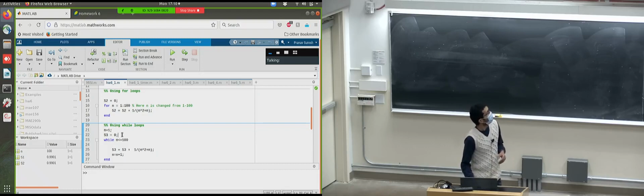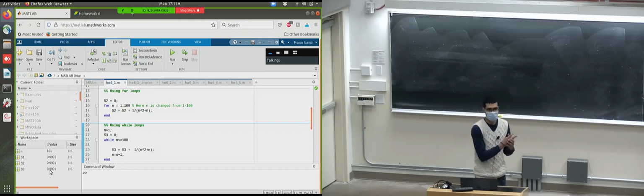But here, you do have a value of n that I'm starting from, and I'm updating it each time, and as n approaches the value of 100, it stops, and it gives you the value of S3. So if I go ahead and run this section, that is also giving me the same answer. So there are essentially 3 different ways of doing the same problem. That's what I'm trying to show here.